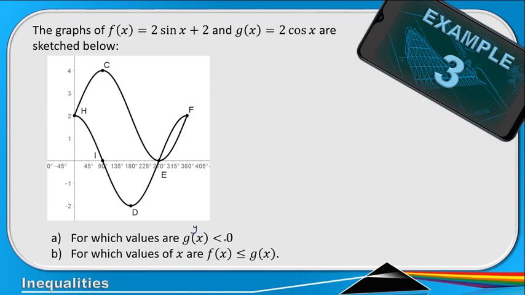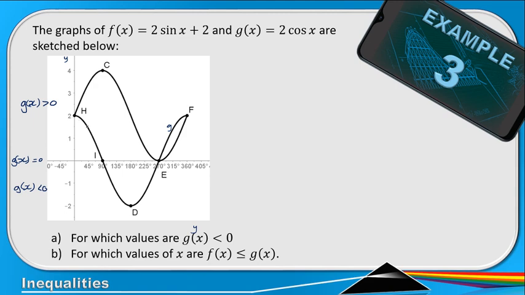For what y values is your graph less than 0? Over here we have g(x) being greater than 0, because this is your y-axis, and this is where your y is positive. For these values on the x-axis, g(x) is equal to 0, and for these values, g(x) is less than 0.